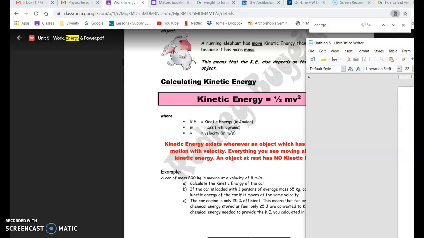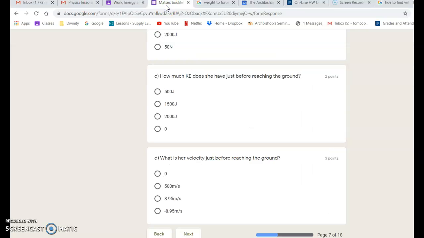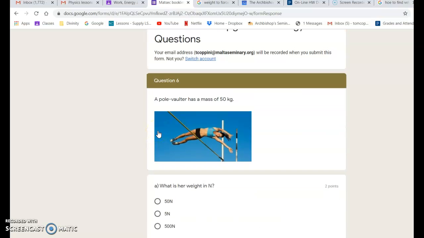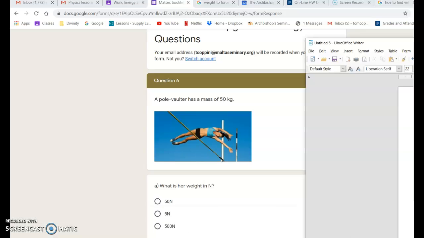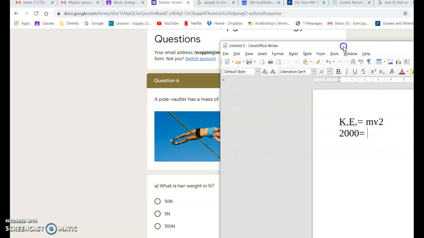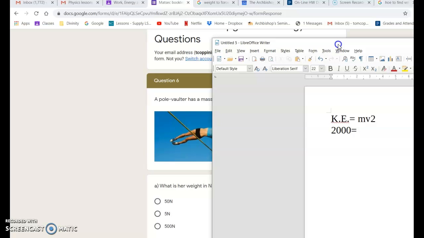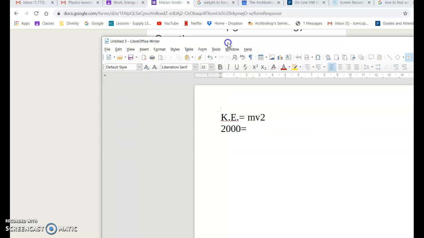Equals. We know that the mass is 50 kilograms. Sorry, I didn't realize you couldn't see it. Yep. So kinetic energy equals mass times velocity squared. You know that the kinetic energy is 2000.